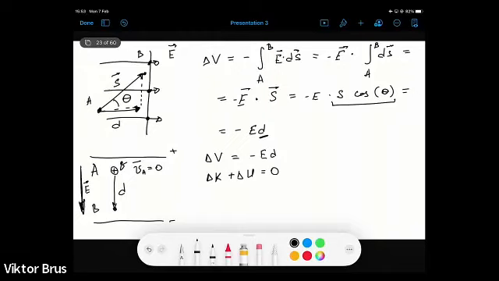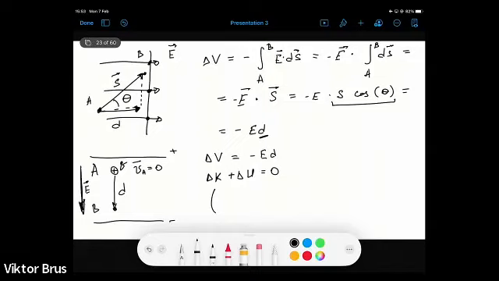So what is the change in kinetic energy? Since there will be some electric force acting on this positive charge in the direction of the electric field, from positive to negative plate, when it moves from point A to point B, this force will perform some work, and that will result in an increase of the speed of this electric charge.